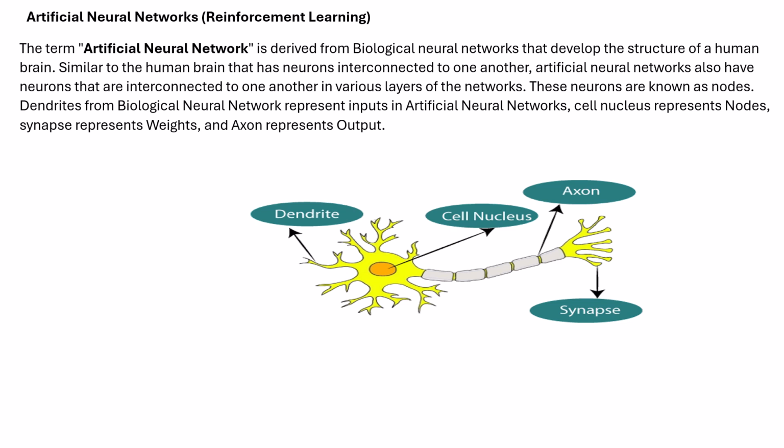Similar to the human brain that has neurons interconnected to one another, artificial neural networks also have neurons that are interconnected to one another in various layers of the network. These neurons are known as nodes. Dendrites in a biological neural network represent the input in an artificial neural network. Cell nucleus represents nodes, the synapse represents weight, and axon represents output.